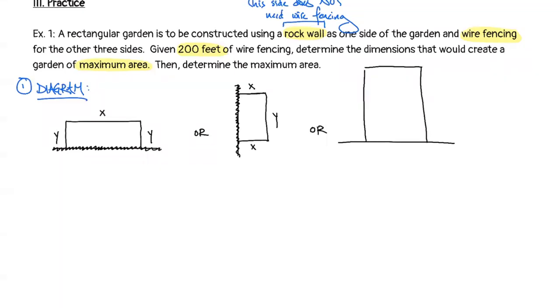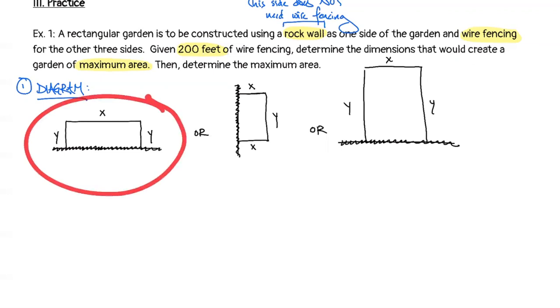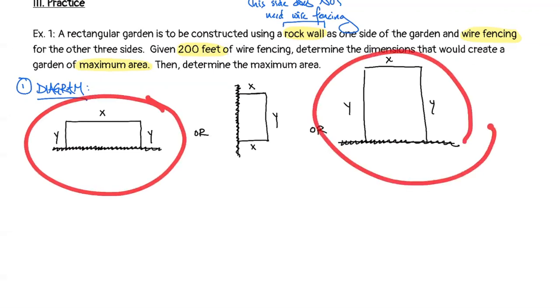That would be fine. I would still call this Y, Y, and X. But if we look at this, because we're using variables, this first diagram and the third diagram are actually the same picture.